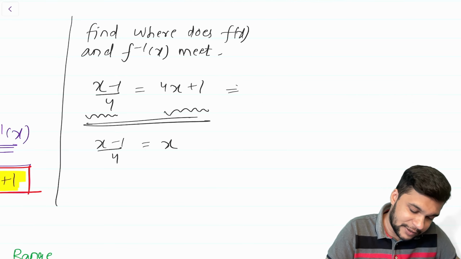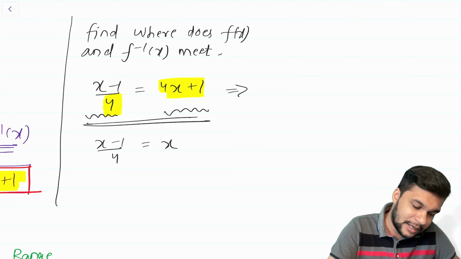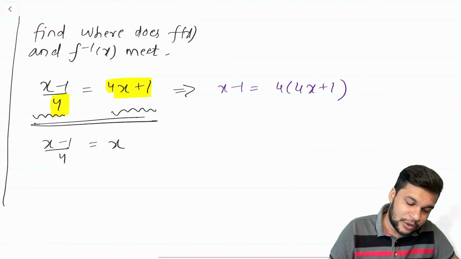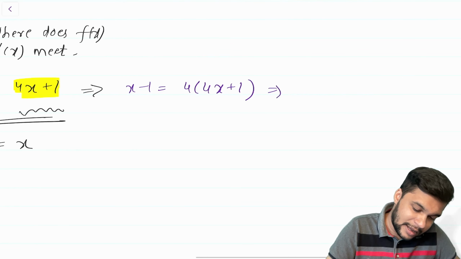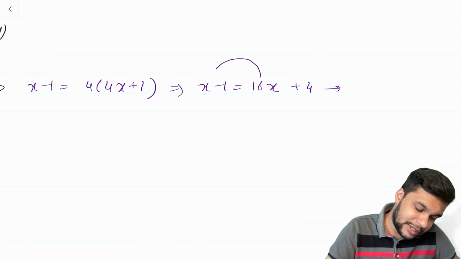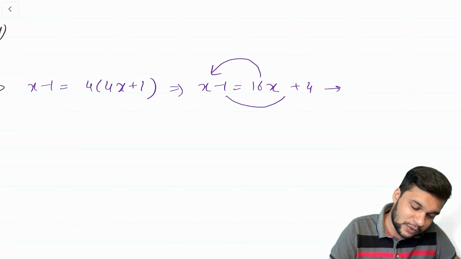Okay, let's solve this first. Over here, I am substituting 4 on the other side. So what do you get? You get x minus 1 equal to 4 times (4x plus 1). So you get x minus 1 equal to 16x plus 4. Shift 16x to the left, shift minus 1 to the right.